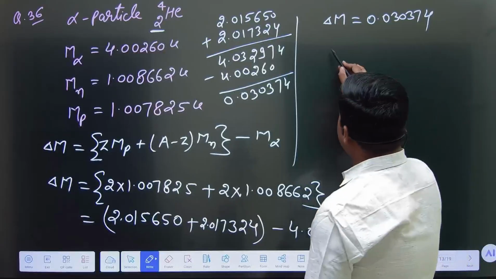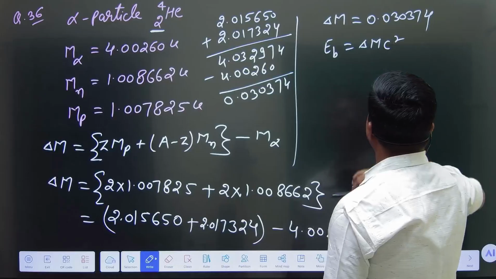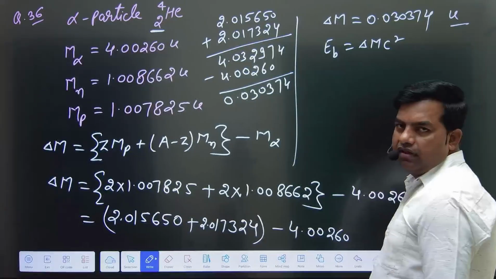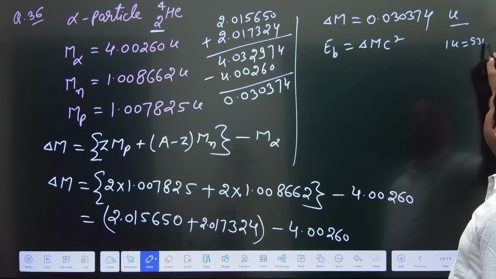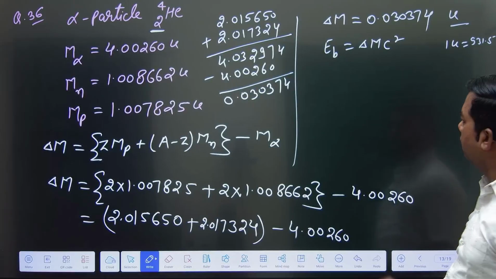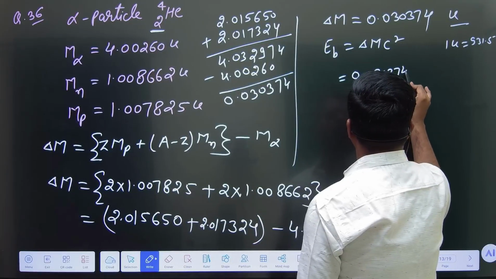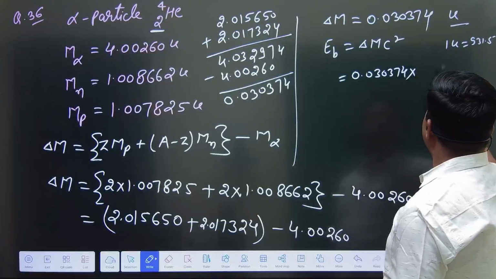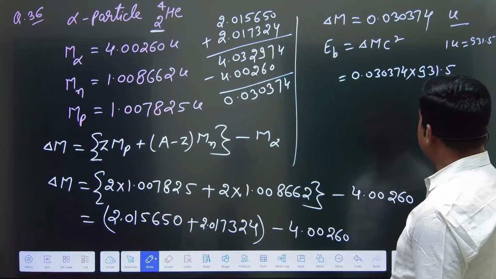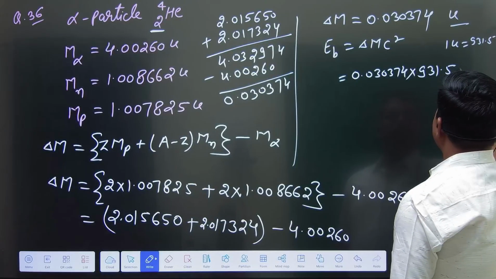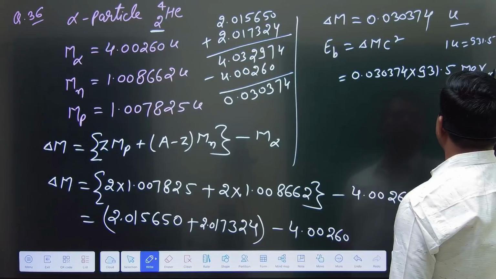And we calculate here the binding energy, EB. Binding energy equals delta M into C square. This is in unit U, and we know that 1 U equals 931.5 MeV per C square. So 0.030374 into 931.5, the standard relation, in MeV per C square, multiplied with C square.